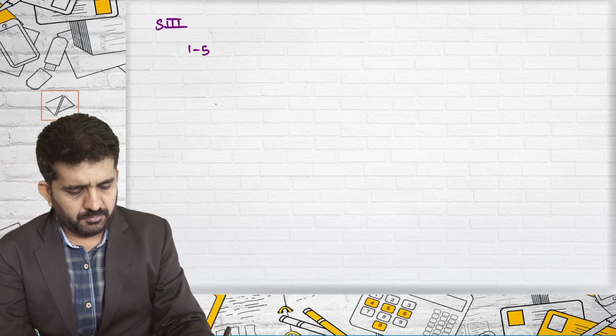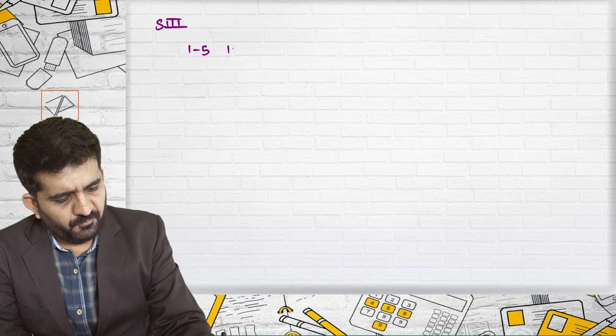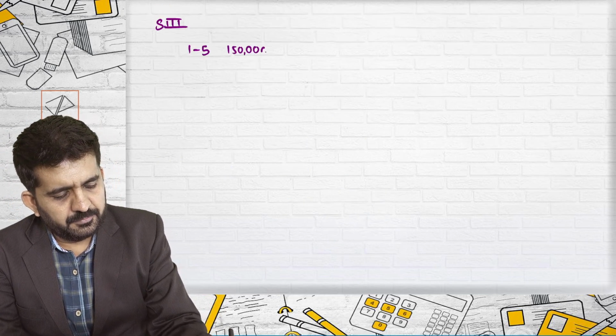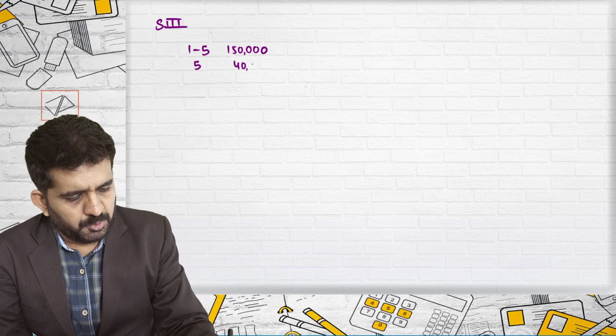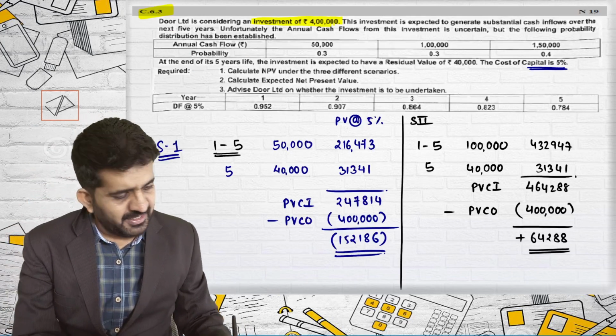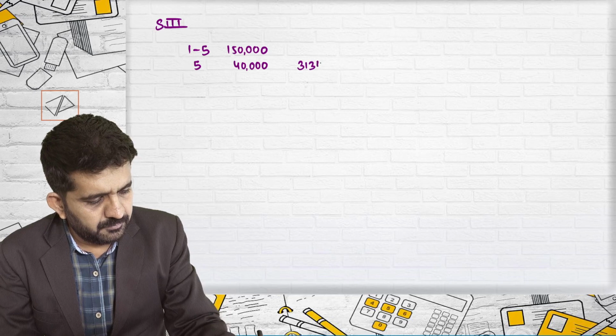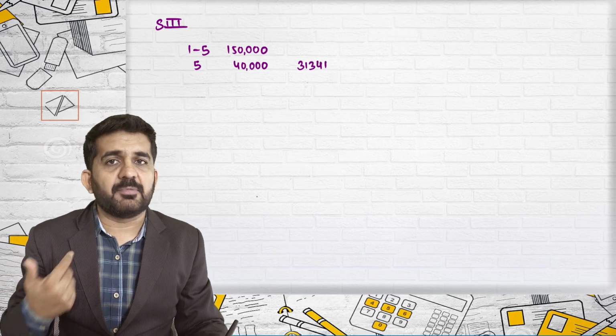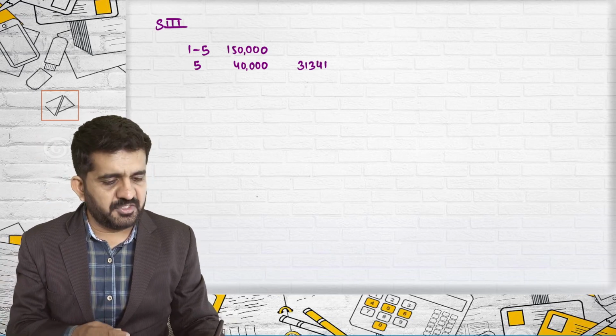Scenario 3. If 1 to 5 cash flow is 1,50,000 and 5th year I am getting scrap value which is 40,000, and present value of which also I am knowing, 31,341, because the rate is remaining same, cash flow is remaining same, at the end of 5th year is remaining same.